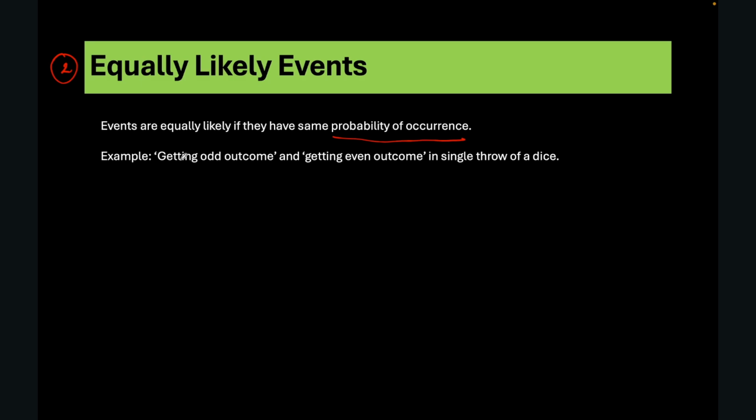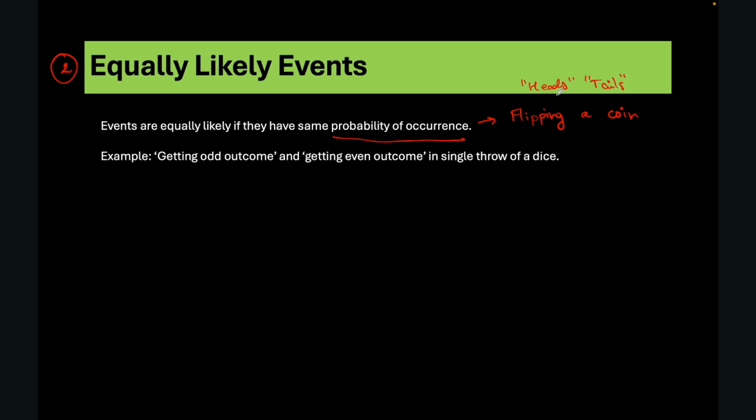The fastest thought that comes to my mind is flipping a coin, where you have heads or tails. If you flip what we call in probability a fair coin, the possibility of getting either heads or tails is 50-50.